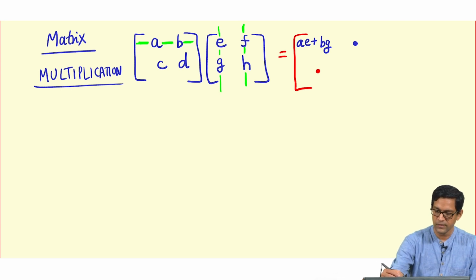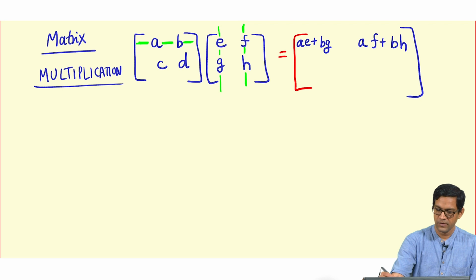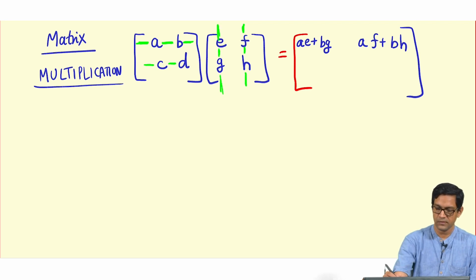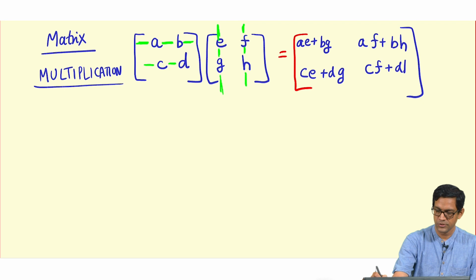So this now becomes A F plus B H, and we do the same thing at the bottom. Now we have to look at the second row and first column in order to get the 2 1th element, and that is nothing but C E plus D G, likewise C F plus D H.